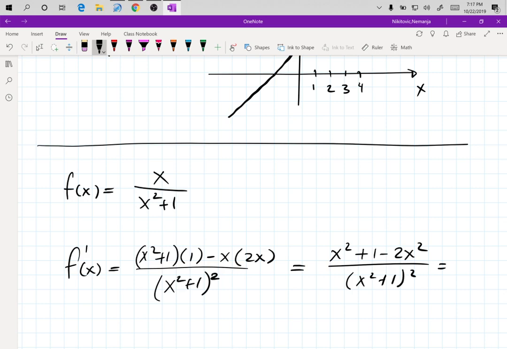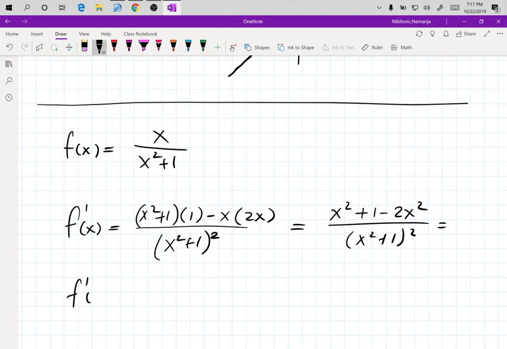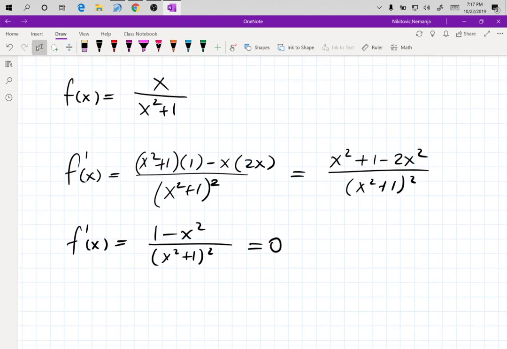Simplifies into f prime of x equals (1 minus x squared) divided by (x squared plus 1) squared. And now we set this equal to 0.